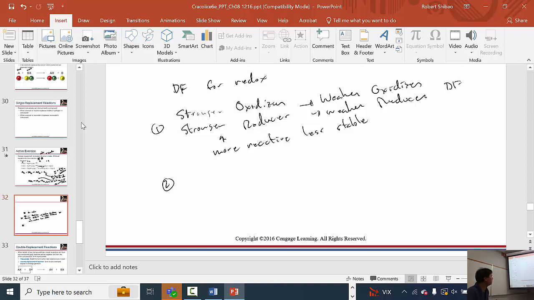There's another way of looking at it. We have the more active element. The more active element is a stronger reducer. Elements are reducers.